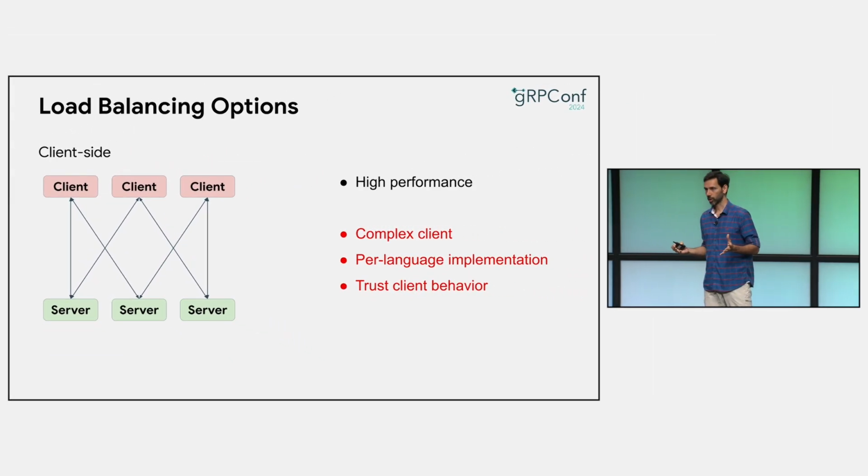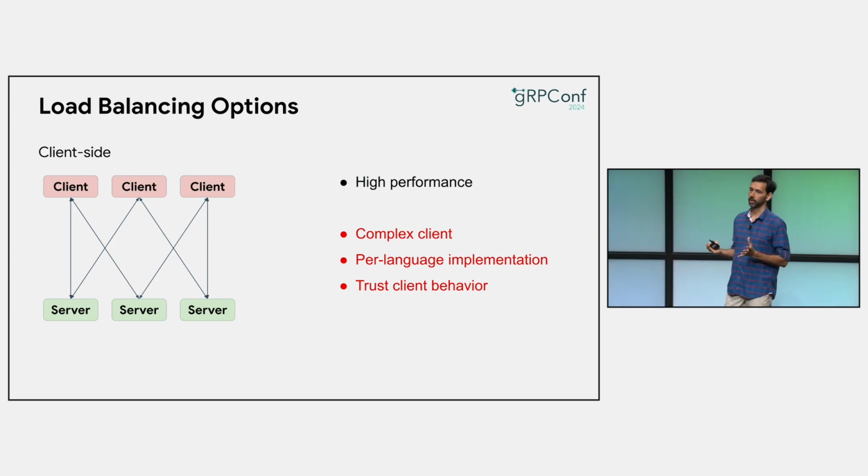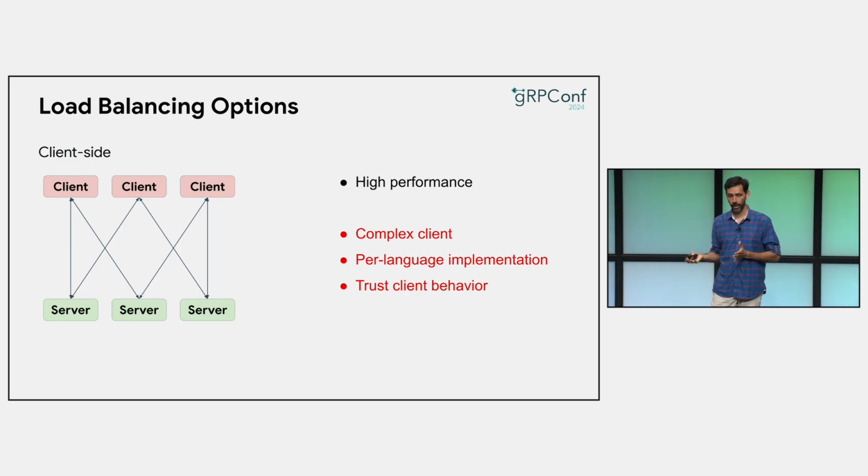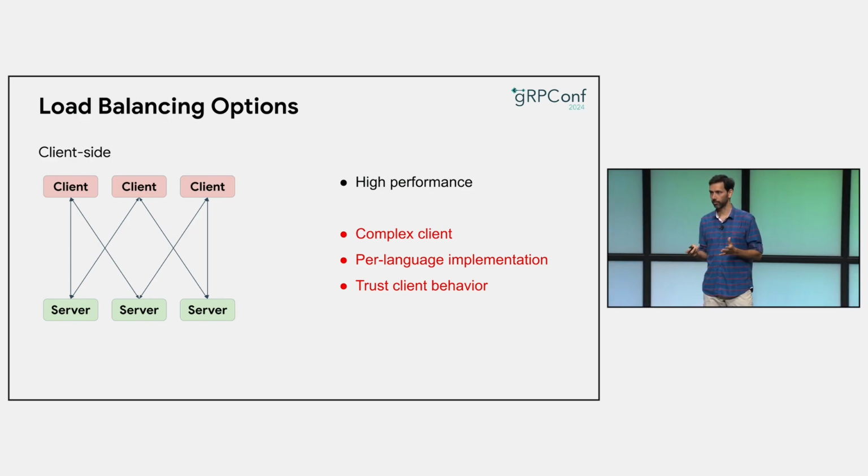And in most cases, you want your services to be accessible to clients written in multiple languages. So this means that the same complex client logic needs to be implemented in multiple languages. And also, since the load balancing is happening in your client, you as a service owner need to trust that the client will do the right thing in terms of balancing load appropriately.